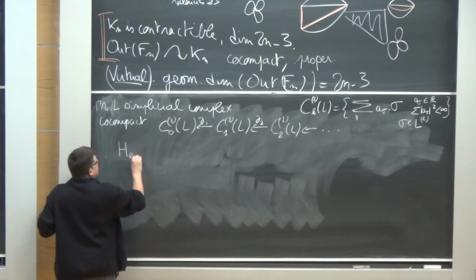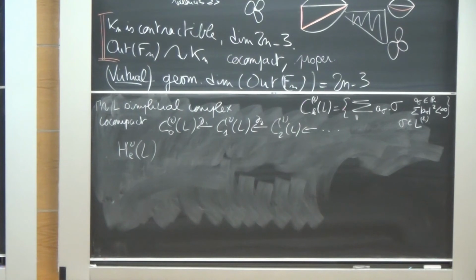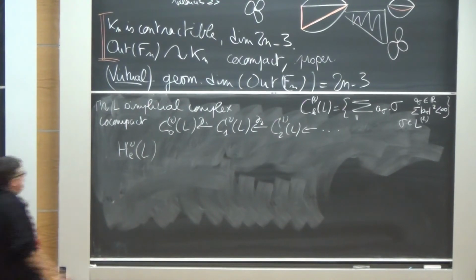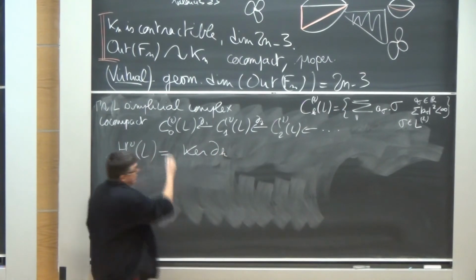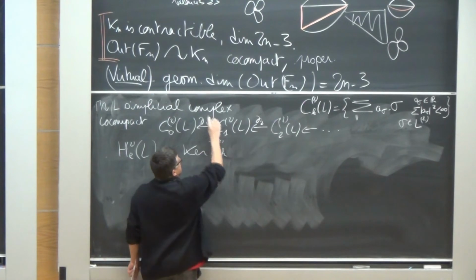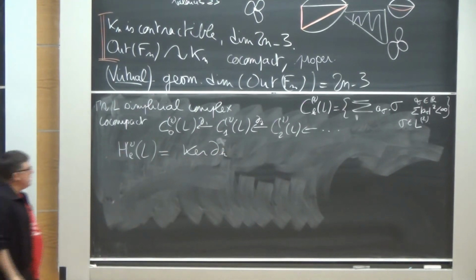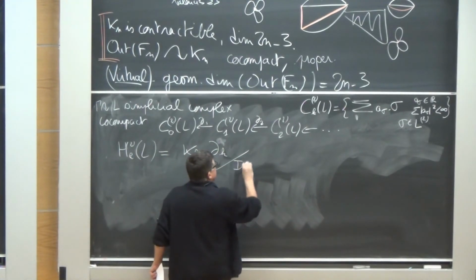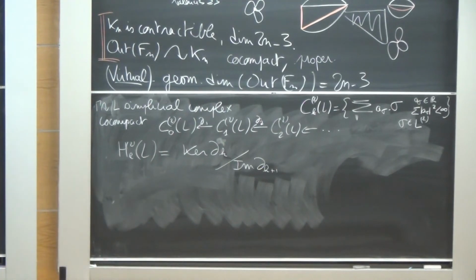So H_k^2 of L. Oops, 15 minutes left. It's just the kernel of the boundary in this context. I could add small 2's here, but okay. Put it. Divided by the image of the preceding one, right?